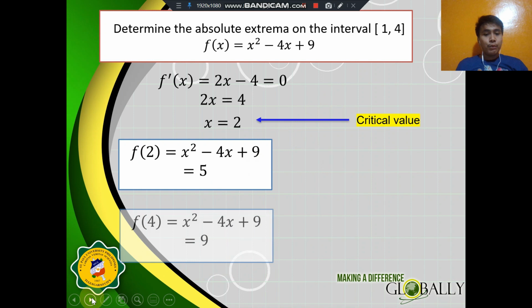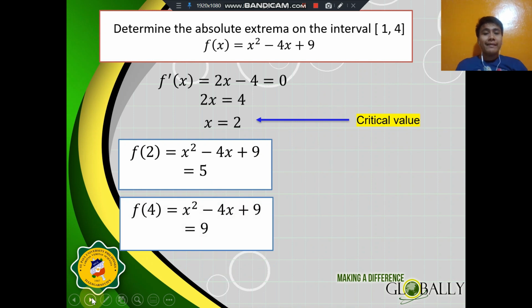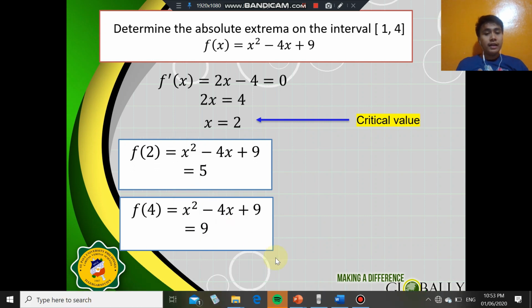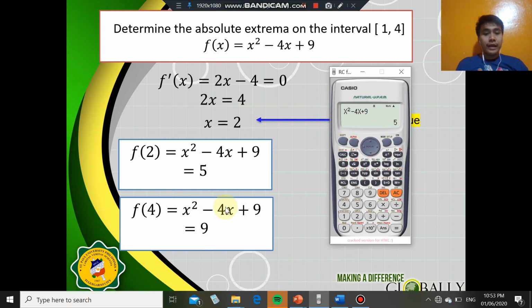Next, when the value of x is 4 in this equation, it will give us 9. And we can check again in our calculator. When we have the value of x as 4, just click calc and input 4. And yes, we've proved that it is also 9.